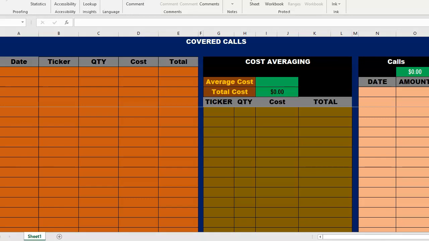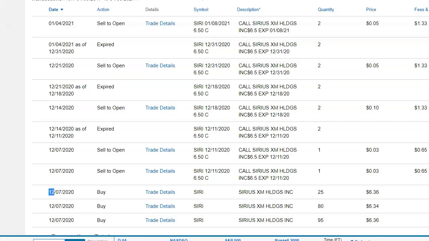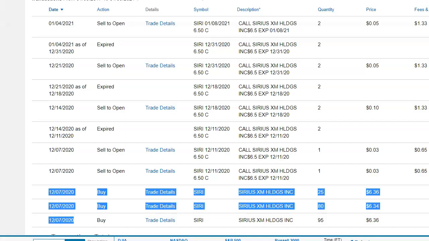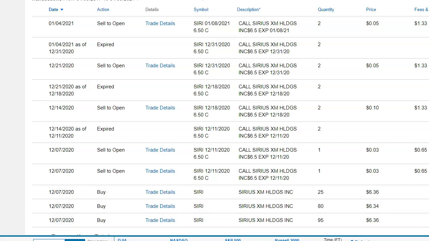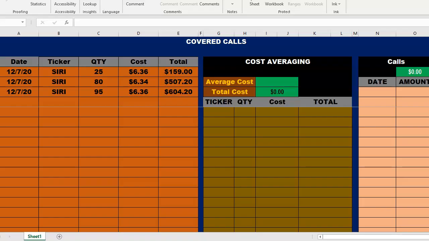So if we look back, I'm going to first enter where we bought these shares. On December 7th, we bought a total of 200: 25, 80, and 95. We paid 159, 507, and 604.